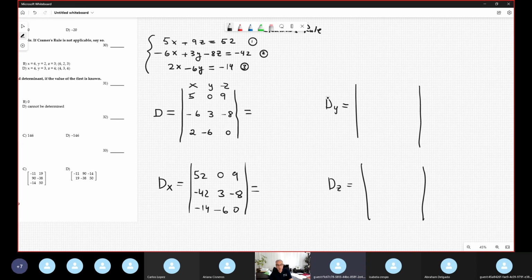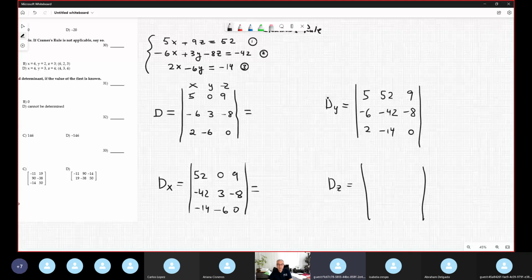Likewise, now in this case, for Dy, the column of the X stays the same. The column of the Y, because it's Dy, is replaced by the right-hand side numbers. And the column of the Z stays the same.